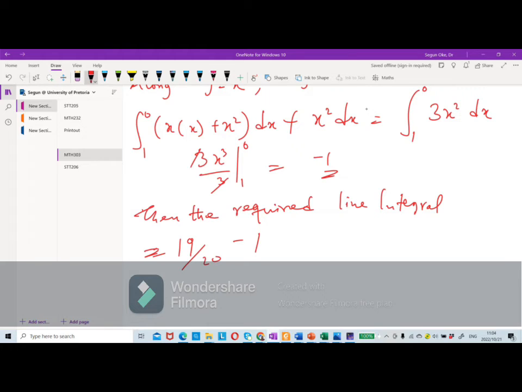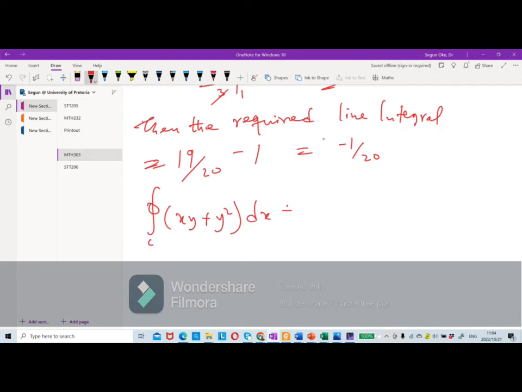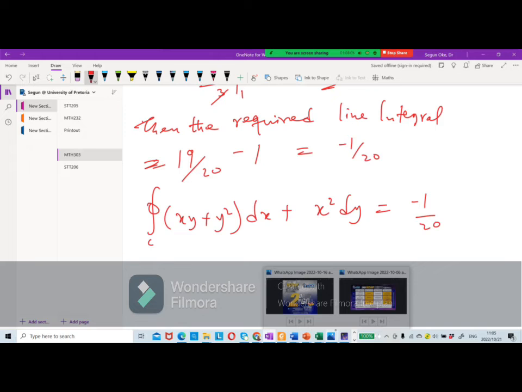So at the end of the day, you have -1 over 20. That is when you solve the first one. That is the first phase of this: the integral of (xy plus y squared) dx plus x squared dy equals -1/20.